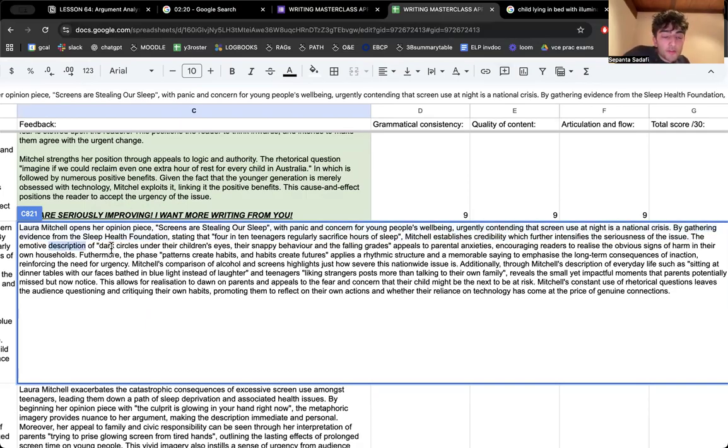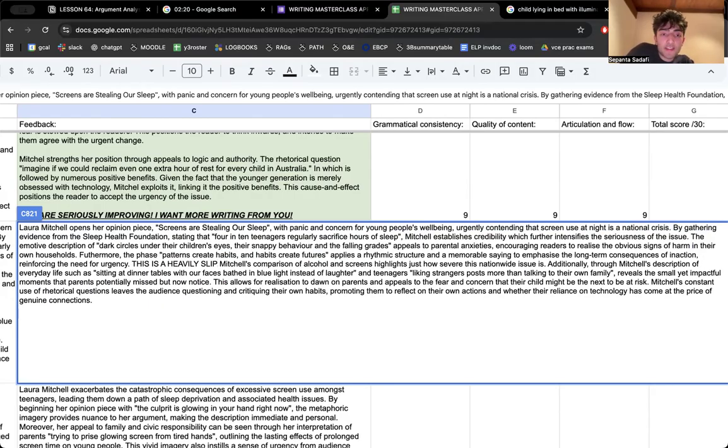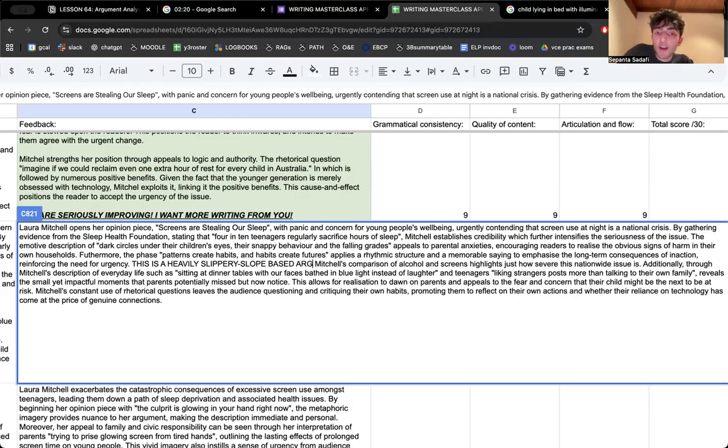A motive description, dark circles under their children's eyes, snappy behavior, falling grades, appeals to parental anxieties, encouraging readers to realize obvious signs of harm in their own households. Furthermore, patterns create habits, habits create futures, rhythmic structure. But also remember, this is a heavily slippery slope based argument.